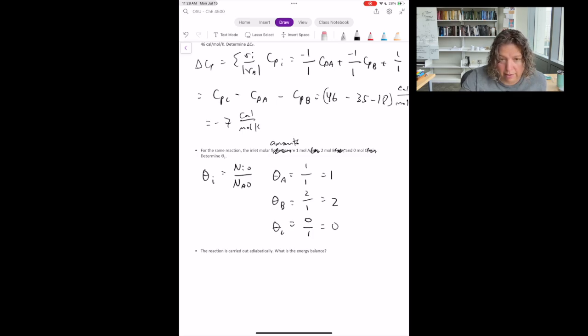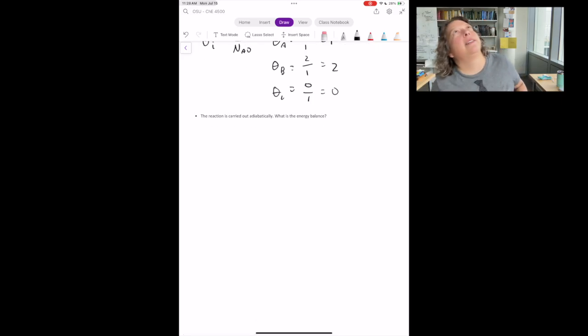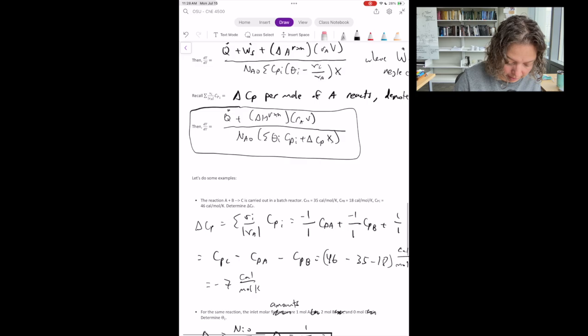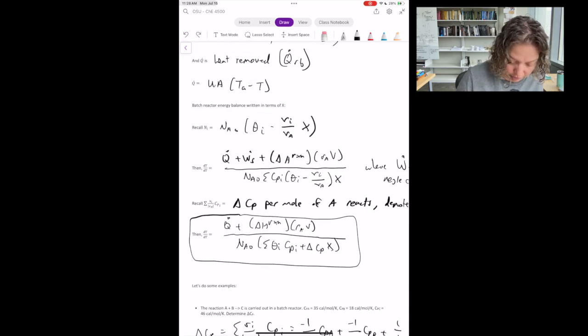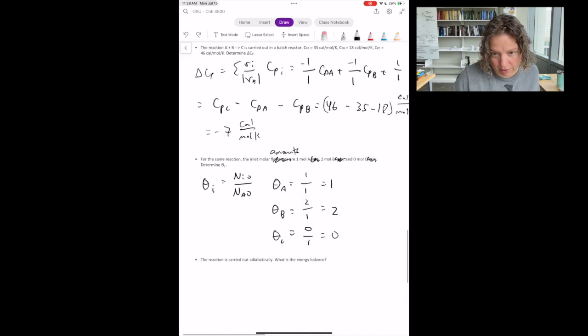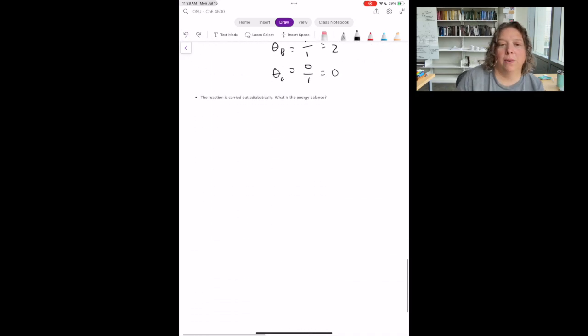The next question says the reaction is carried out adiabatically. That means that this Q term goes away, meaning that also this Q term goes away. There is no heat removal here. So we have two options if we want to write this adiabatically.